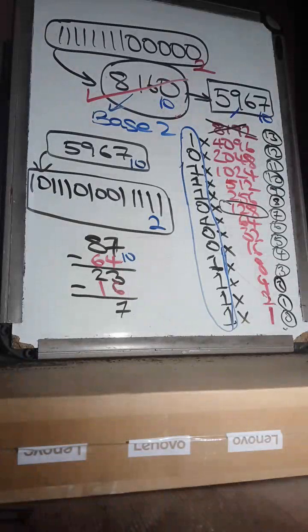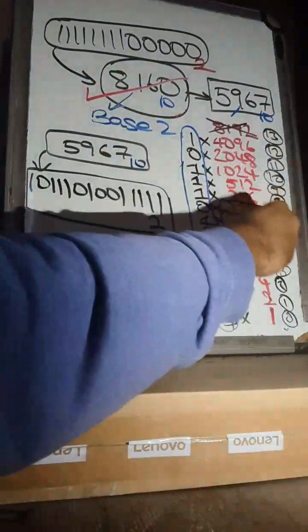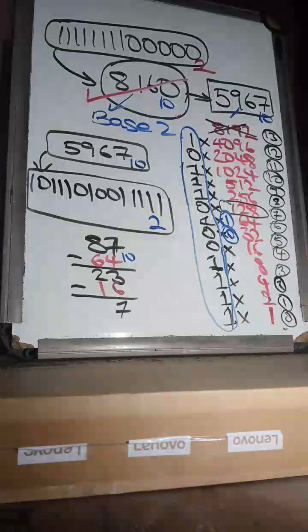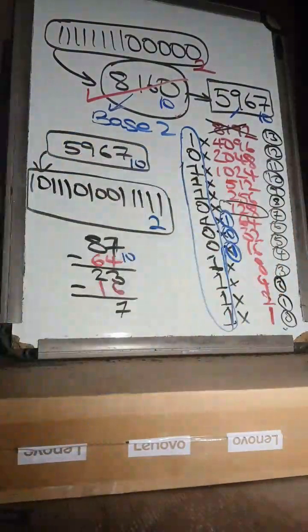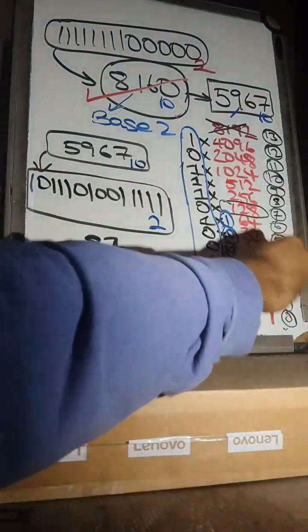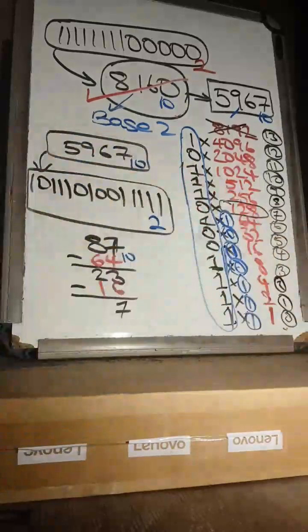So just so that we understand what just happened, we'll be using a 1. We don't use a 32. We use a 16. We don't use any 8, but we use each one of these.